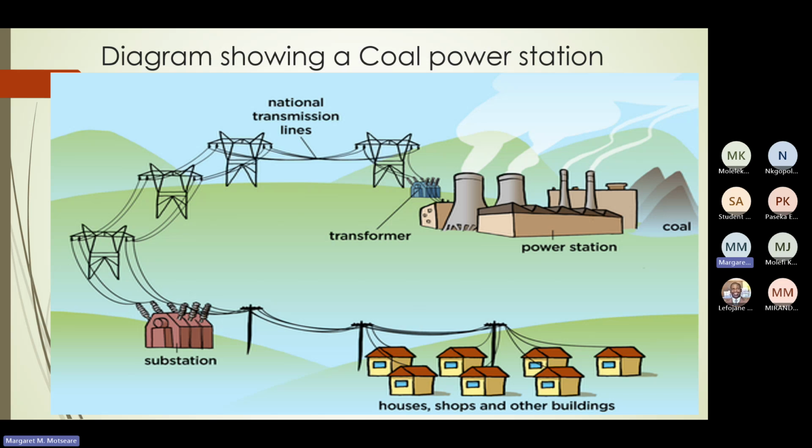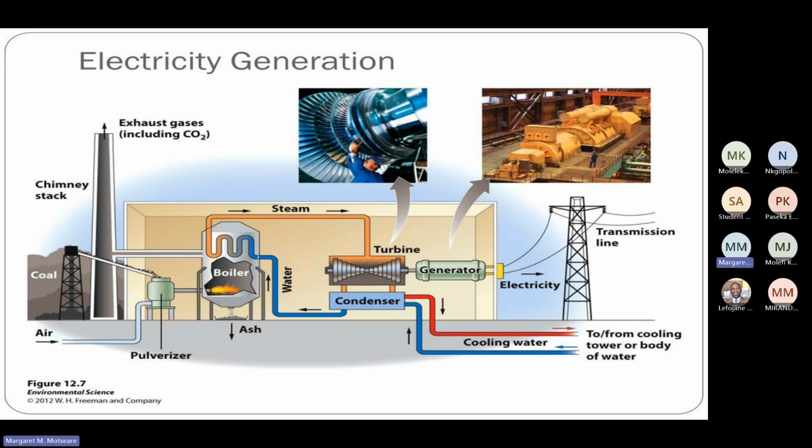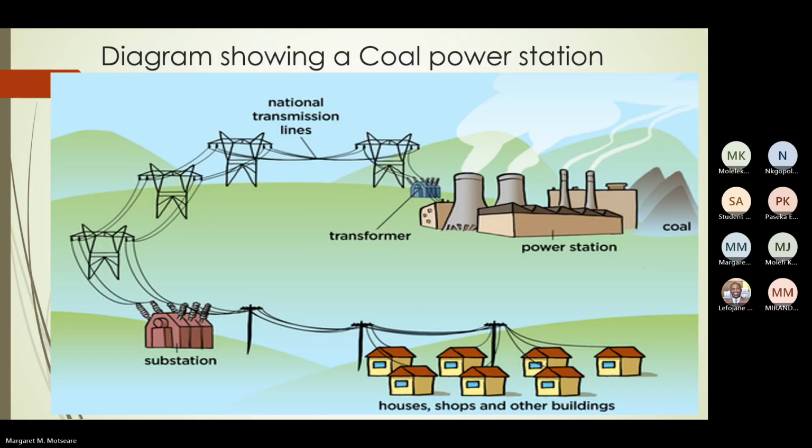And then we have the national transmission lines. So these big lines are called the national transmission lines. They transmit electricity from the power station to the substations.